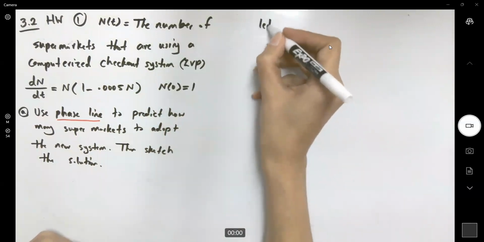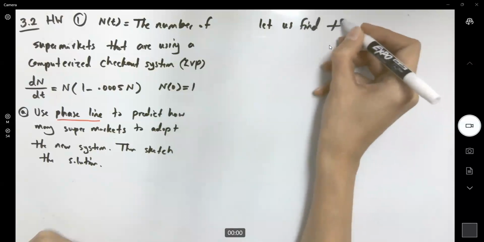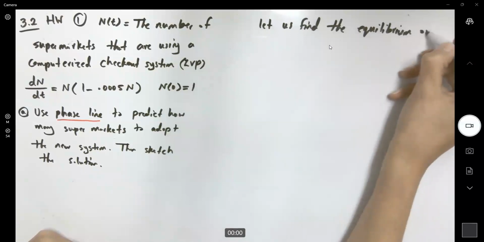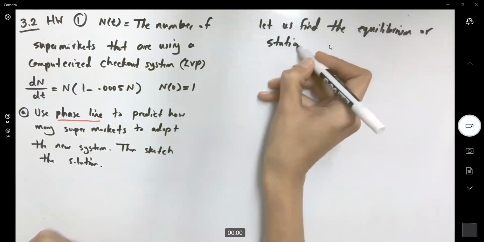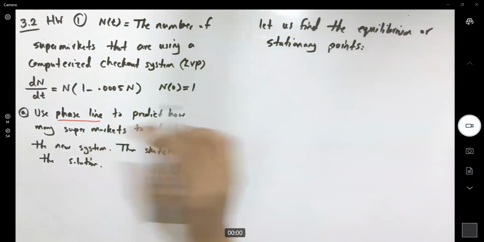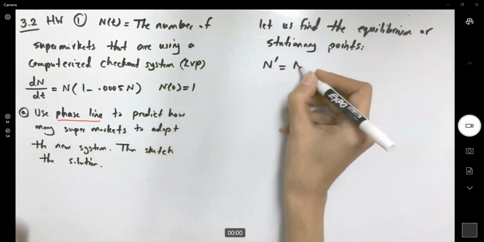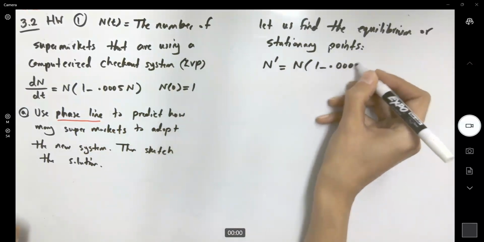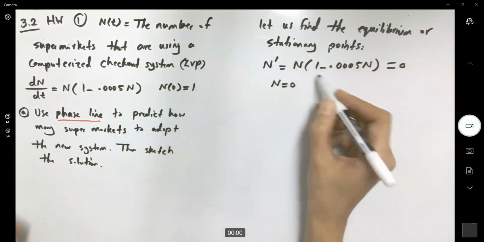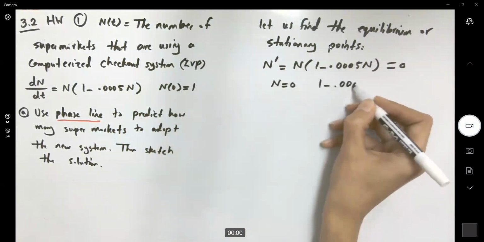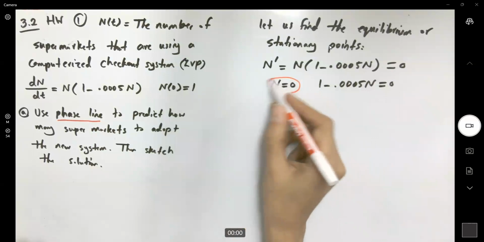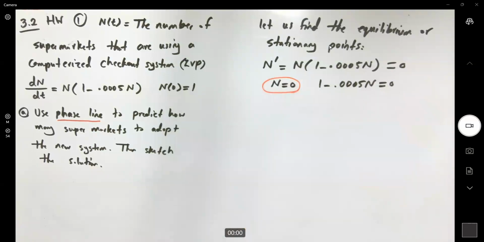Let us find the equilibrium or stationary points. We have the derivative N prime equal to N times (1 minus 0.0005 N), and we set it equal to 0. One of the solutions is N equal to 0. The other one is 1 minus 0.0005 N equal to 0. For the second one, we have to do a little bit of calculation.